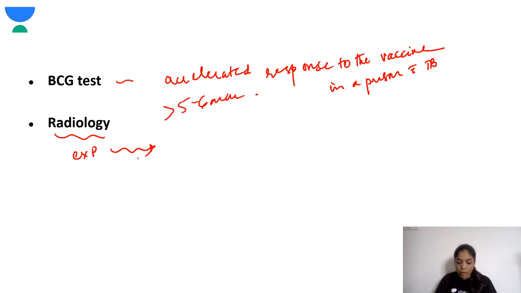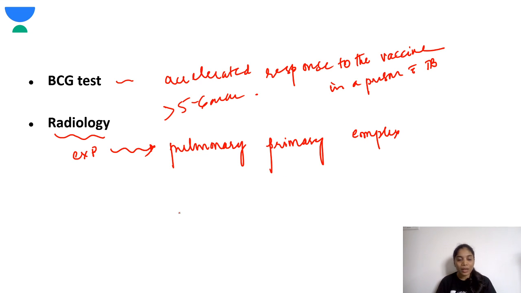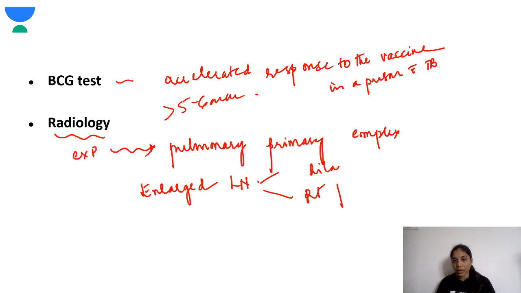In the chest x-ray, what you typically see is a pulmonary primary complex. It will be unifocal and it can be homogeneous. You can sometimes see enlarged lymph nodes, seen near the hila or the right paratracheal region.